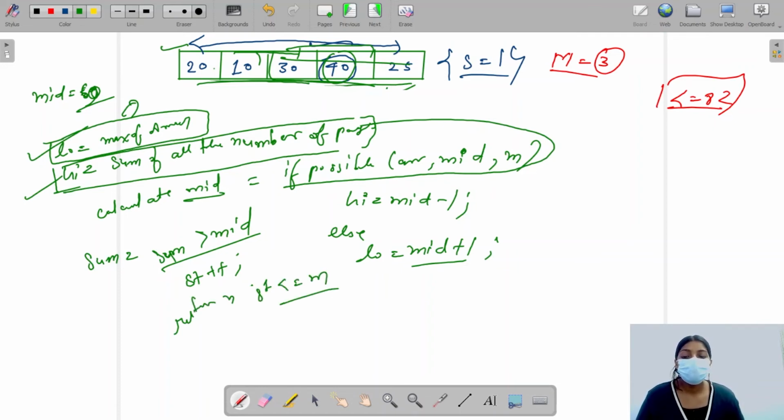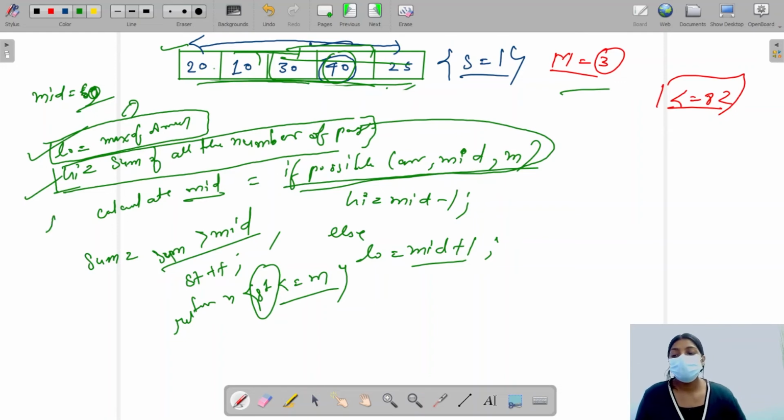If the students I require is less than the number of students that I have, then it is possible to distribute these books among m students by keeping a load of mid. And if my number of students becomes greater than the number of students I have, then it is not possible to allocate the books between m students by keeping a load of mid, right?